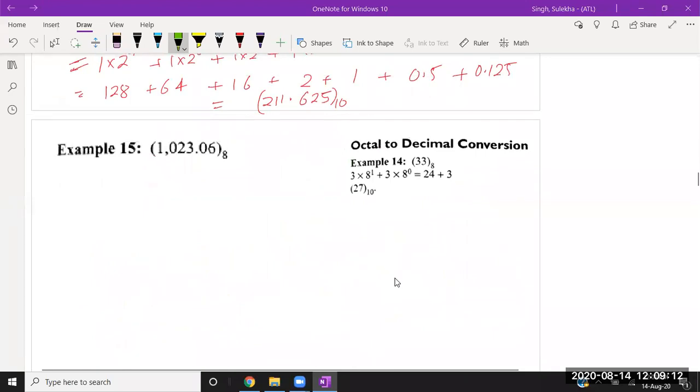If you see this question, it is very different from the previous one, but the concept is the same. If you understand the concept, you can solve any problem. If you don't know the concept, whenever I change any number or any base, you will get confused about what steps to follow.